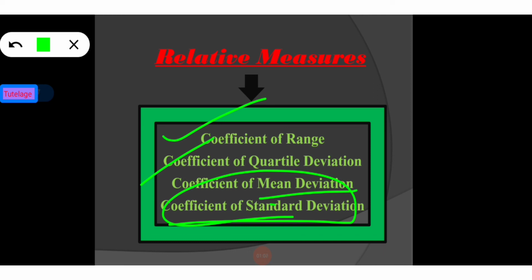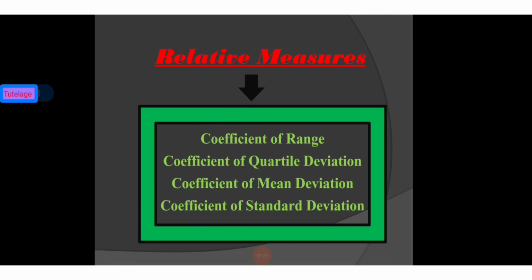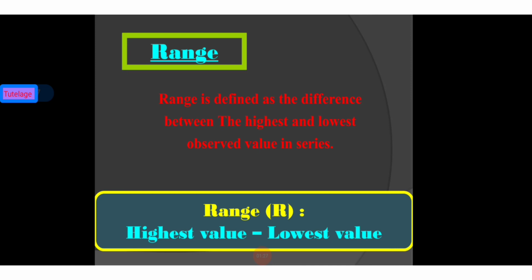Clear? We will study all types of coefficients, that is range, quartile deviation, mean deviation and standard deviation. Now move on to the first absolute measure of dispersion, which is range.